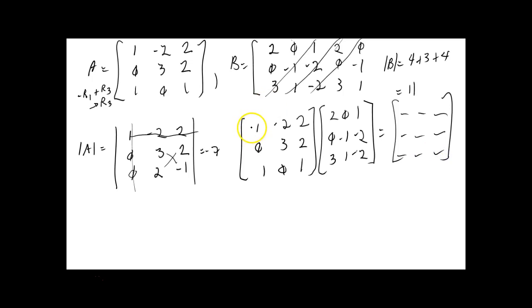So the first entry will be a 2. So if you're going across this row and down that column, it's 2 minus 0 plus 6. 2 plus 6 is 8. Okay, row 1, second column will be a 0, positive 2, plus 2 is 4.